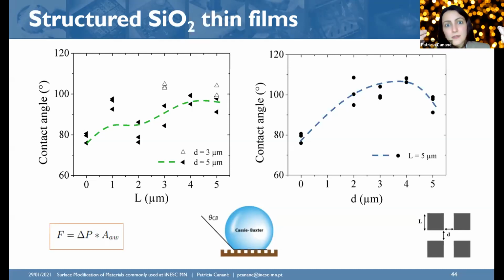Normally the information that is published regards only covalent bonding. And this shows that it's not necessary a lot of intermediate steps to achieve an alteration of surface wettability and adhesion. So this can be applied in several fields, and particularly in a lot of procedures done at INESC MN. Yeah, so I'm very happy with the results.